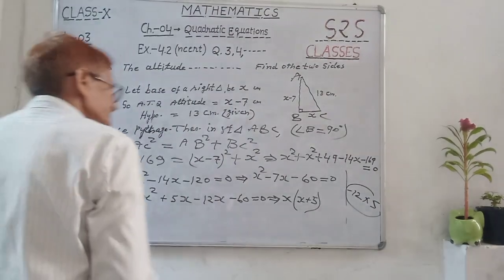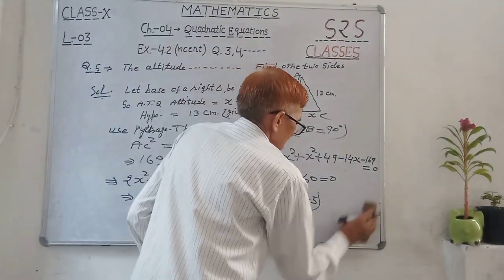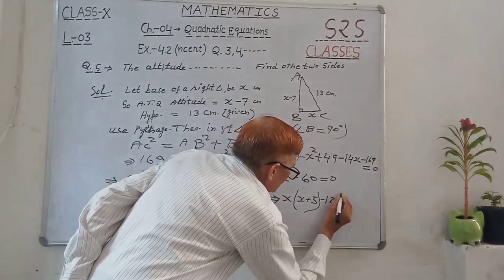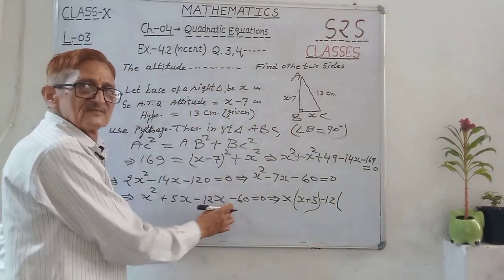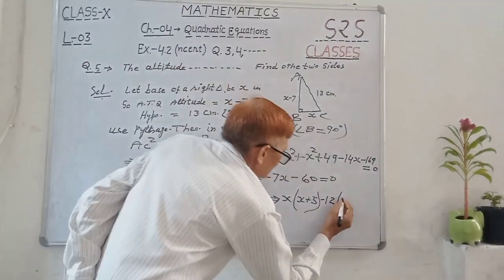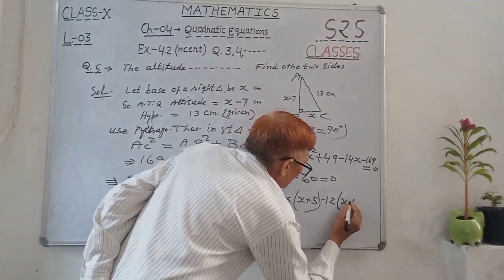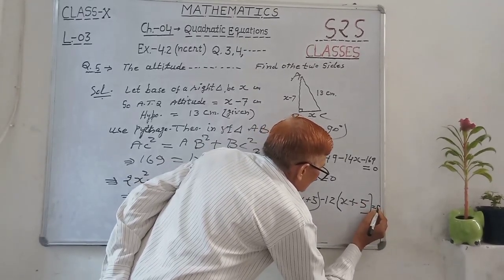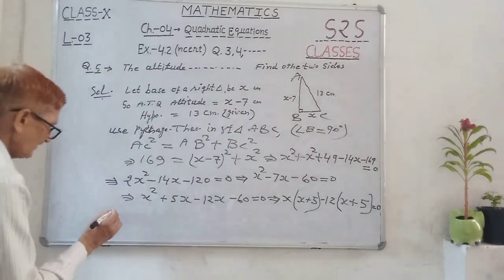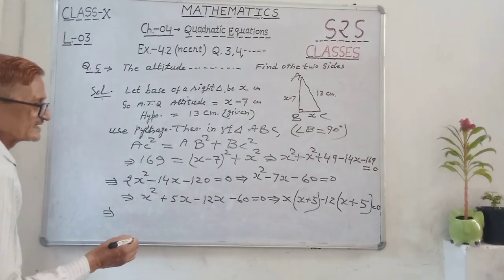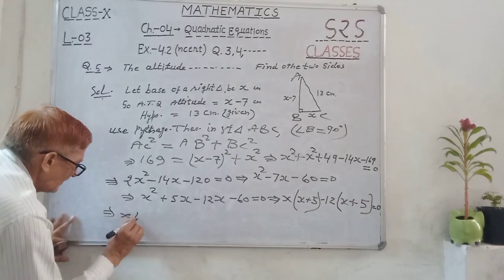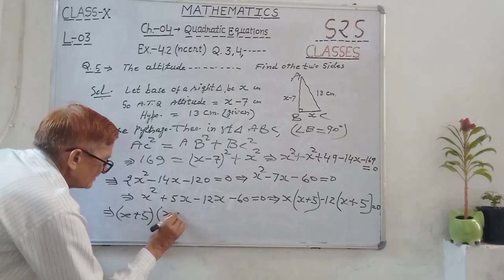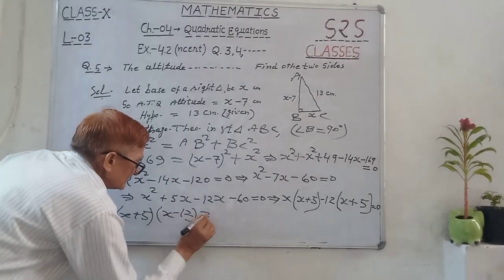Both are negative terms, so taking minus common, then positive, x plus 5 equal 0. Then one common factor x plus 5 and the other left is x minus 12 equal 0.